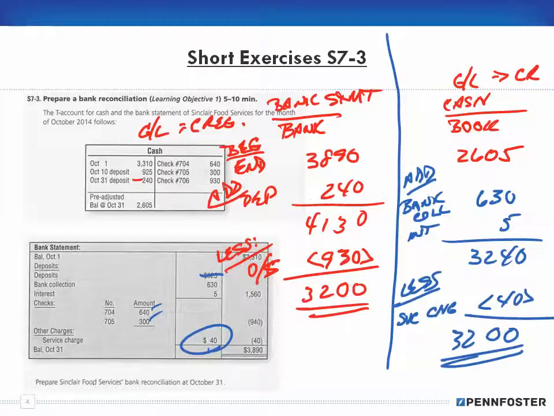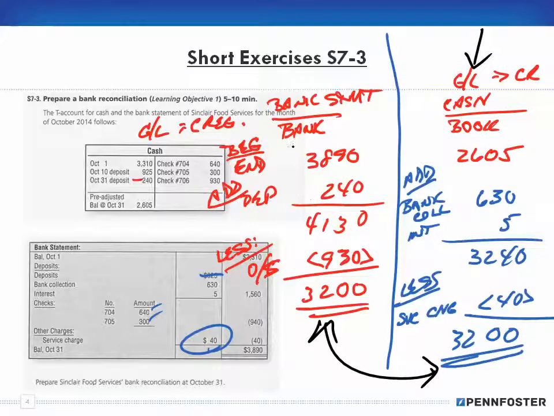Okay, and our accounts are reconciled because with all of the adjustments made, we're saying that the balance in the bank account should be $3,200, and the balance in our check register should be $3,200. We add these into our check register so that we know our balance is $3,200.